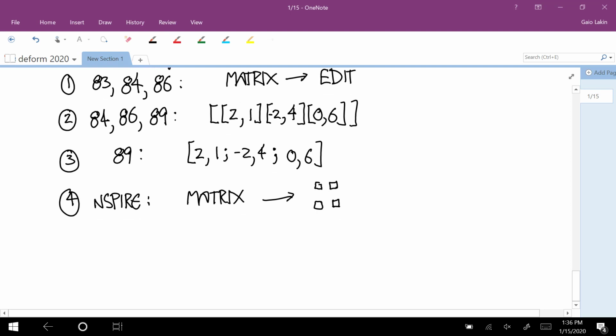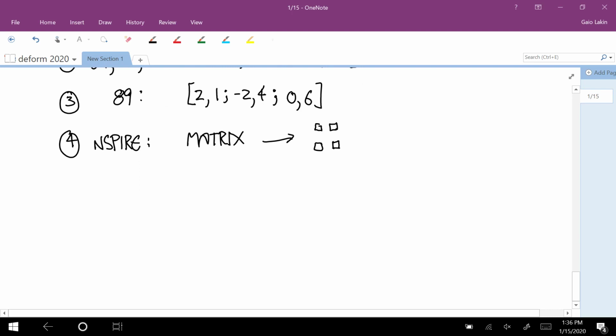Okay, so now, what are some operations that we're going to need to do? The first one is transpose.